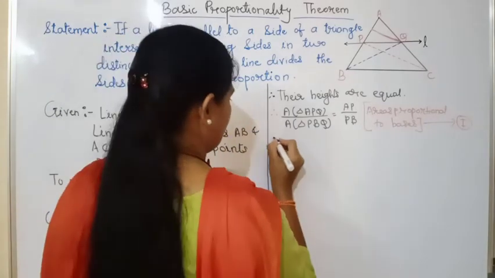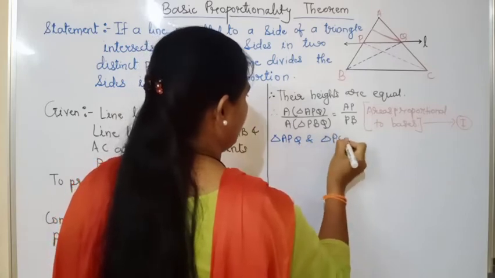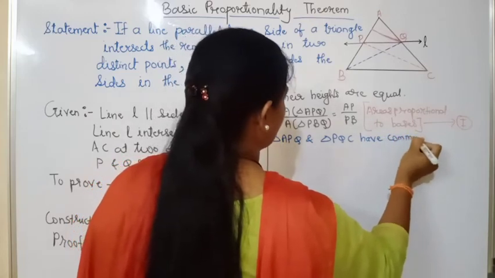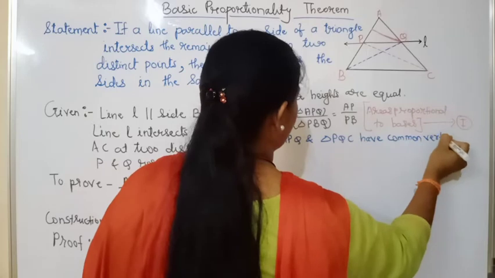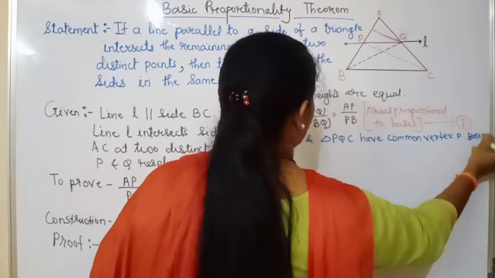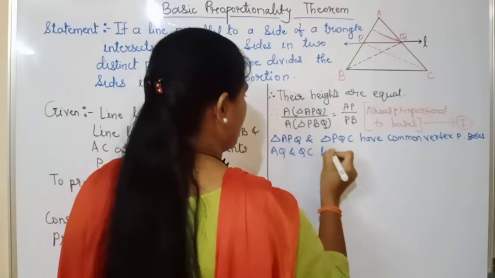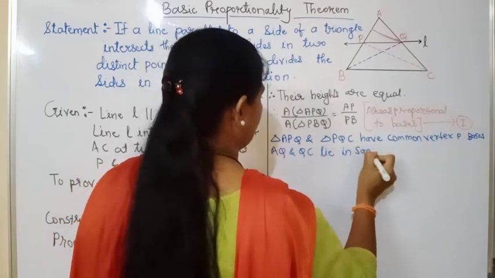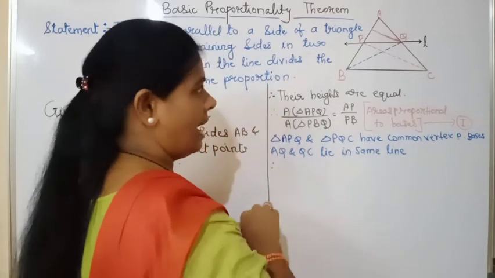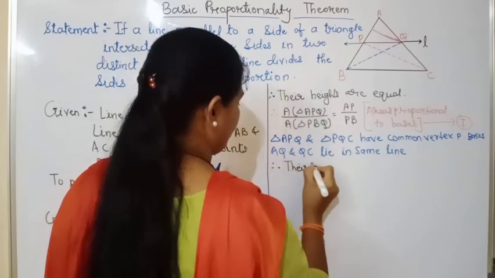We'll write here that triangle APQ and triangle PQC have common vertex P, and also their bases, that is AQ and QC, lie in the same line. Therefore their heights are equal.